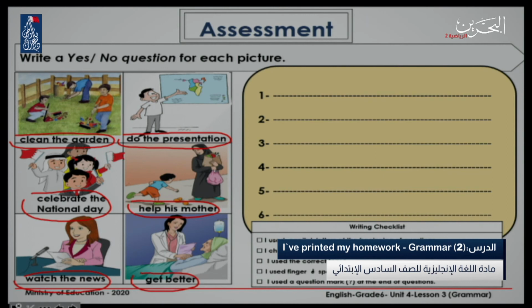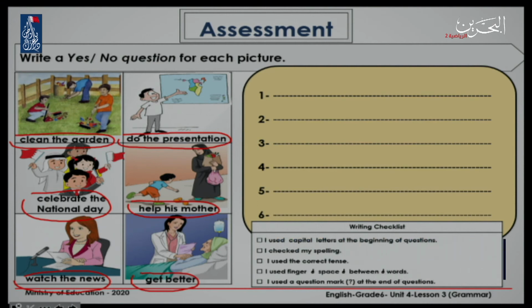Before you start writing, remember, you have to start your questions with a capital letter. You have to end your questions with a question mark. You have to leave space between the words. You have to check your spelling, and you have to write using the correct grammar tense. You have 5 minutes. You can write your answers on your mini board. Good luck!